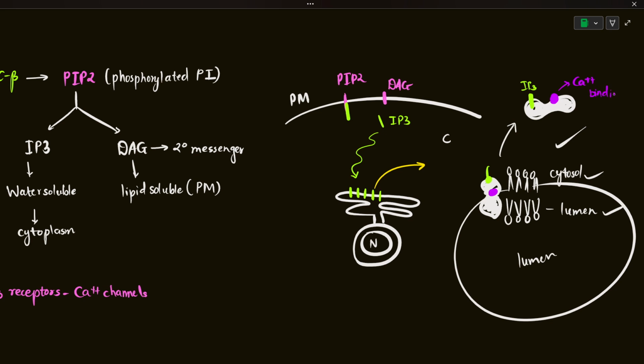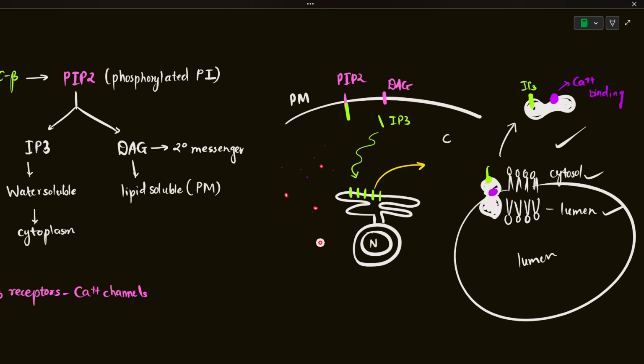Even though the calcium ion concentration inside the cell is very low, I don't remember the figures exactly, but it is 10 raised to minus 7 or something of that sort, the calcium binding site present in those IP3 gated calcium channels has higher affinity for calcium.